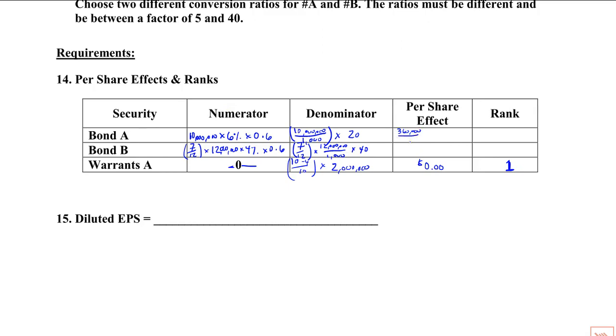And you want to save that number. 20 times 10,000 is 200,000. So 360 divided by 200 is $1.80.